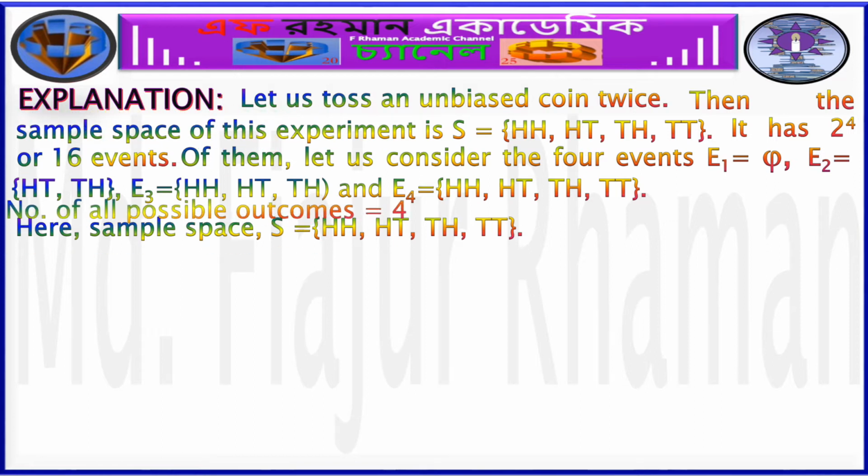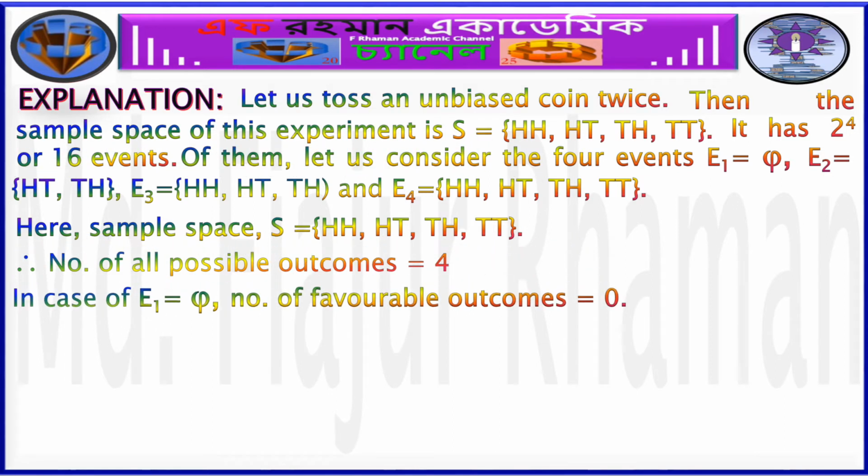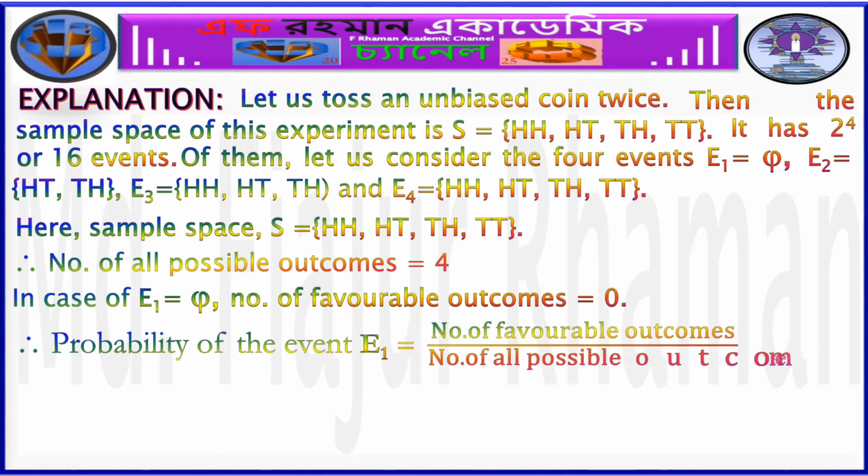Therefore, number of all possible outcomes is equal to 4. In case of E1 = φ, number of favorable outcomes is equal to 0. Therefore, probability of the event E1 is equal to number of favorable outcomes by number of all possible outcomes, which is 0/4 = 0.